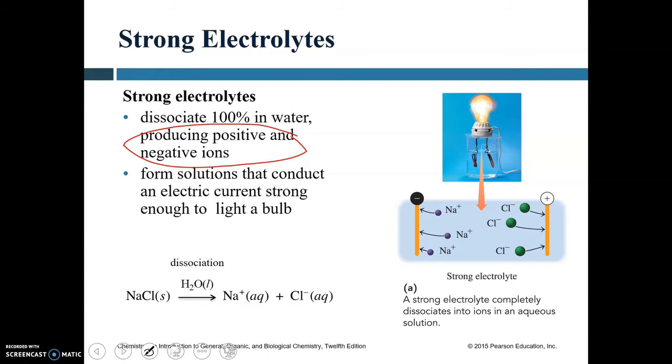Solutions of strong electrolytes conduct an electric current. You can see the example here: the solution of a strong electrolyte has sufficient conductivity to keep the light bulb on. An example of a strong electrolyte is sodium chloride.